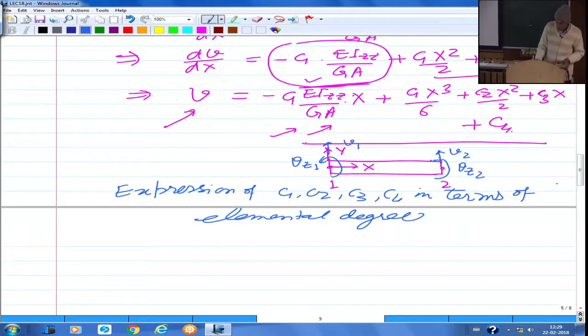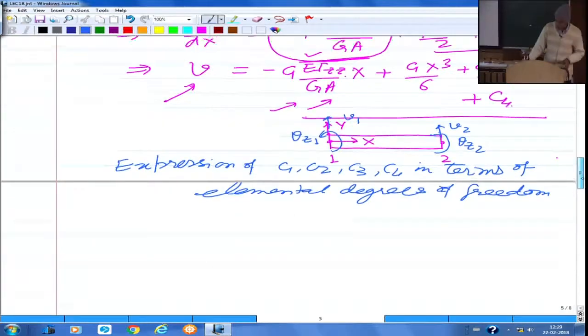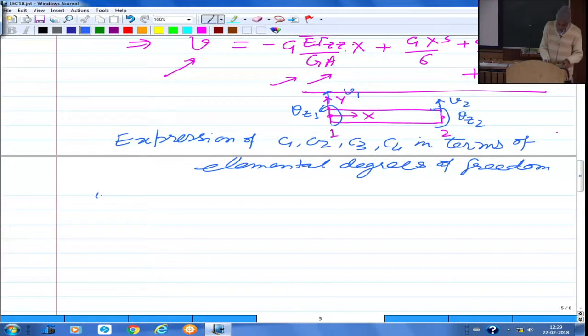V is equal to V1 at capital X equal to 0. If you look at the expression here for V, when you put capital X equal to 0, all these terms go to 0, so you will get C4 equal to V1.